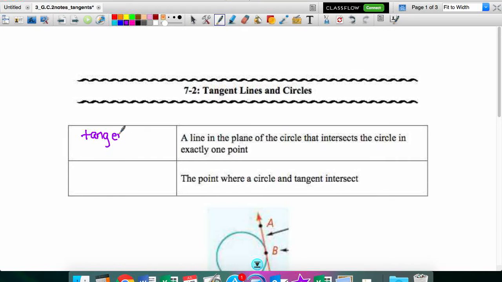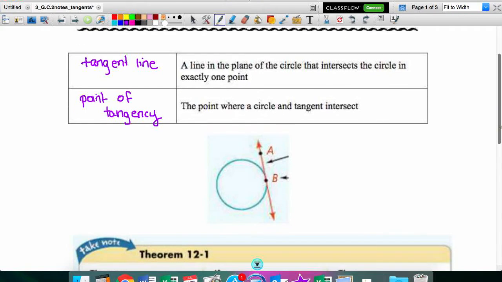But in any case, the tangent line is always the line which touches the figure once and only once. Next, the point where a circle and a tangent intersects is called the point of tangency. Underneath, we have a diagram of a circle and a tangent.